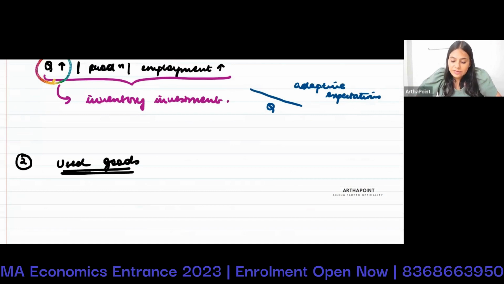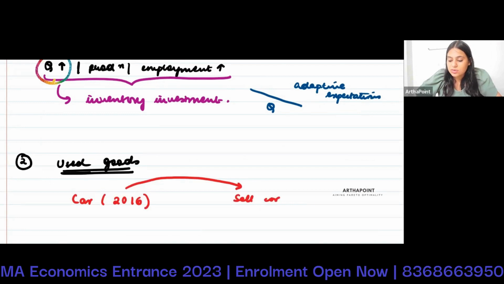So if the product has been used, for example, if I have a car which I purchased in 2016 and I am planning to sell this car in 2022, this car will not be part of 2022's GDP.